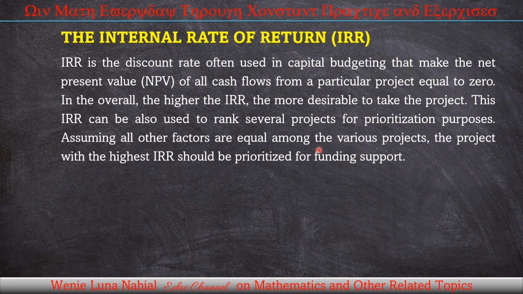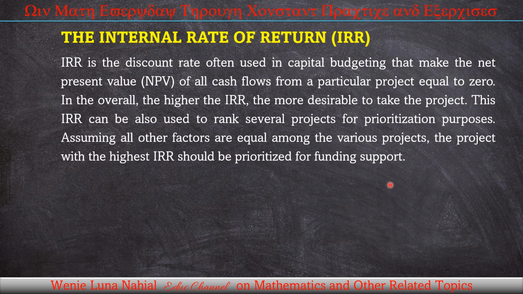This IRR can also be used to rank several projects for prioritization purposes. Assuming all other factors are equal among the various projects, the project with the highest IRR should be prioritized for funding support. So this is similar to the previous topic about net present value.